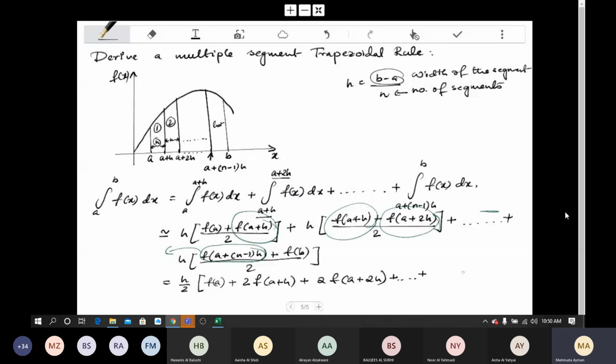It will go until the last one, so we have again 2 times f of a plus n minus 1 times h, plus f of b. I think I used too much space. Just rewrite it.